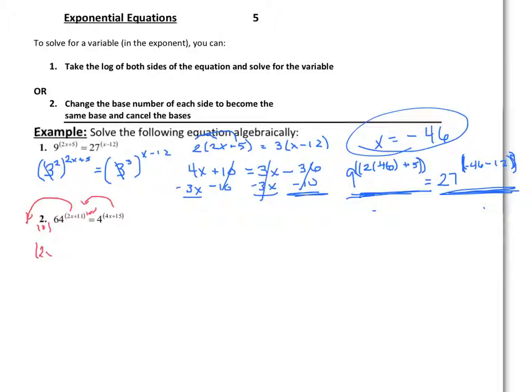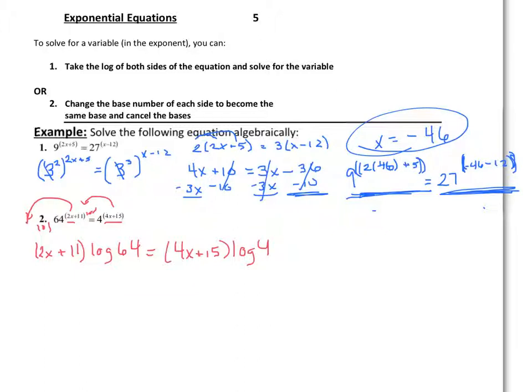So I have 2x plus 11 and then the log of 64 equals 4x plus 15 and the log of 4. And since your exponents are quantities, you want to make sure that you leave them in parentheses.